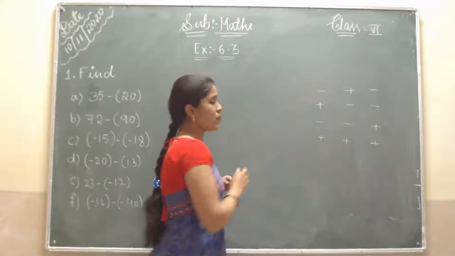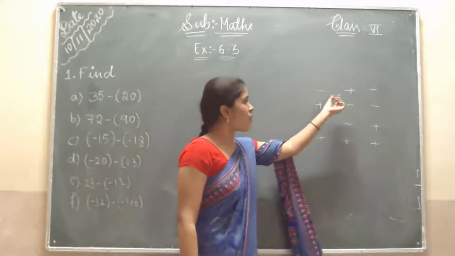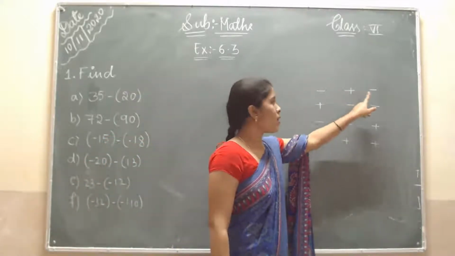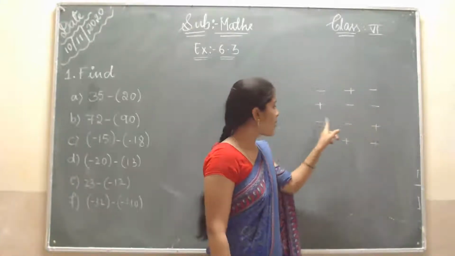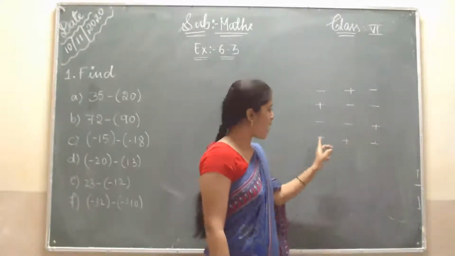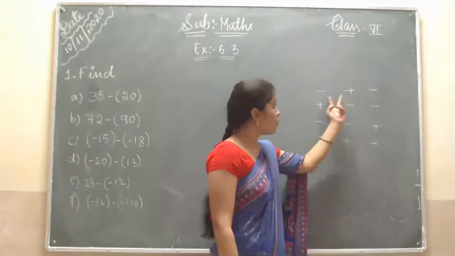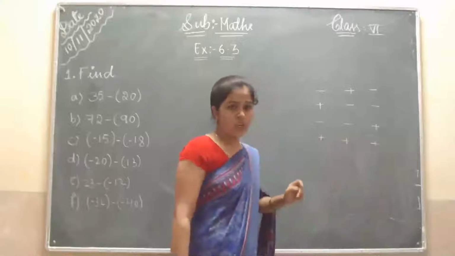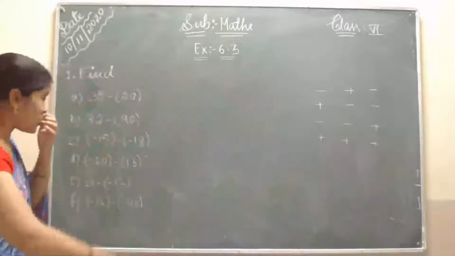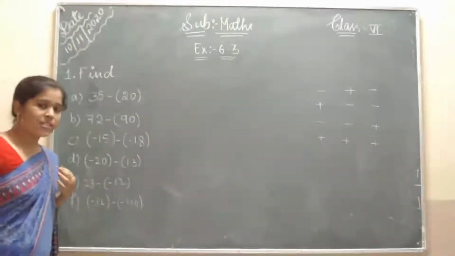Two unlike signs always give negative, two like signs always give positive. Keep in mind. With the help of these rules, we have to solve.